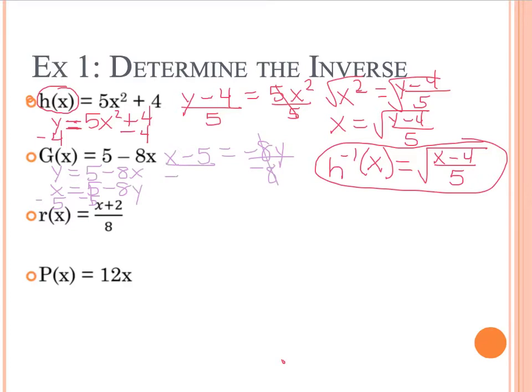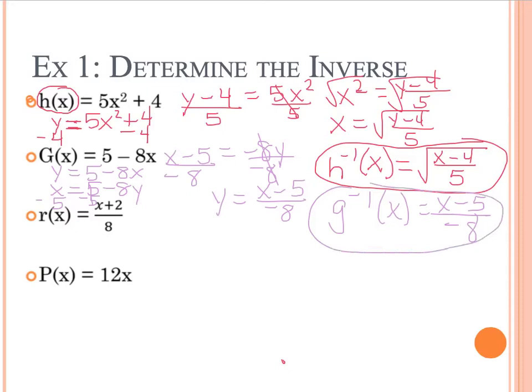And then divide by negative 8. y equals x minus 5 divided by negative 8. And that is the inverse, g inverse of x. And yes, notation is important, so I want to make sure you know that notation.